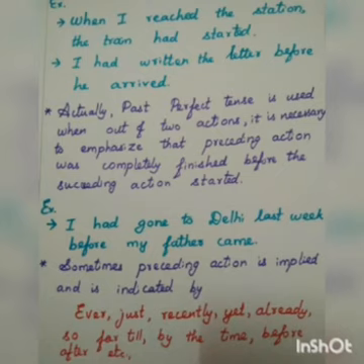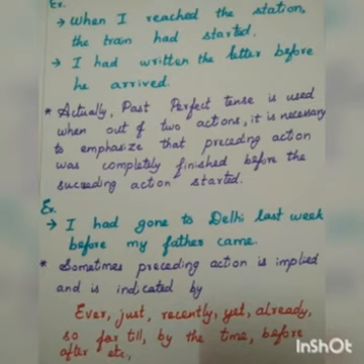I had gone to Delhi last week before my father came. Here you can clearly see that the preceding action was completely finished, like my father came, and after that the next action, which we called the succeeding action, started, like I had gone to Delhi.